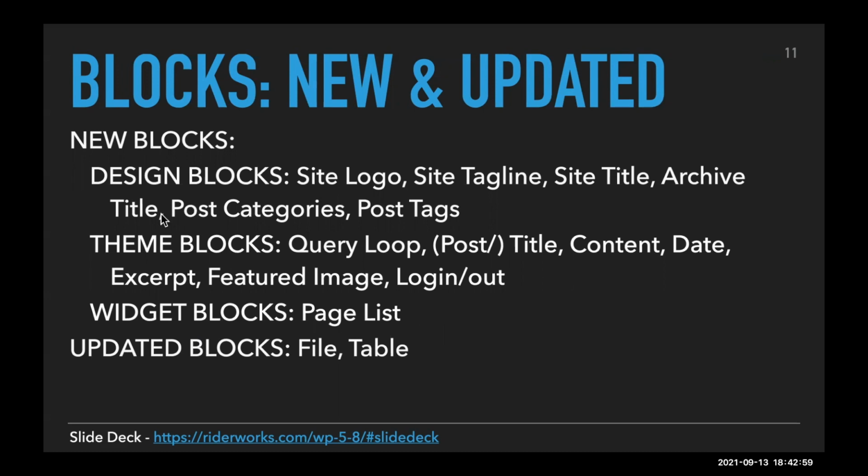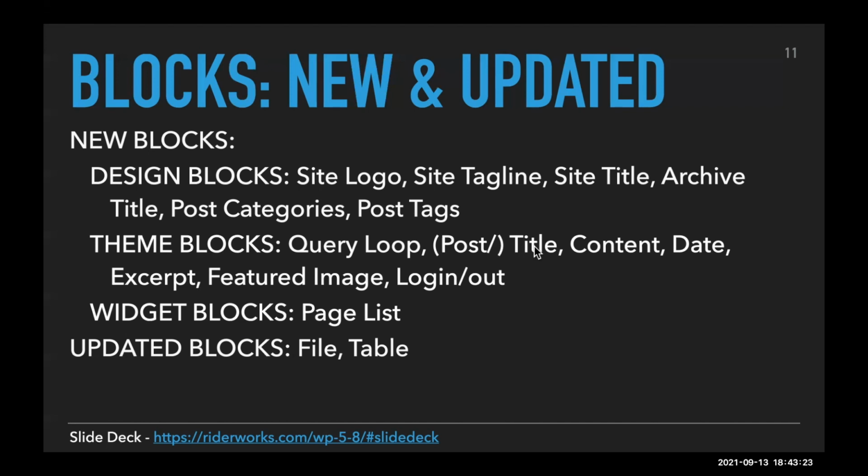Then there's also, in the theme area, one that is going to be very interesting: the query loop. These are what I would call dynamic blocks. When you put the title in, it's called post title. If I drop a post title block in there, it's just going to pull the title in for that page or post automatically.